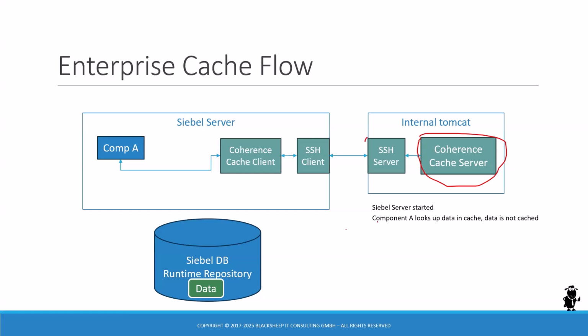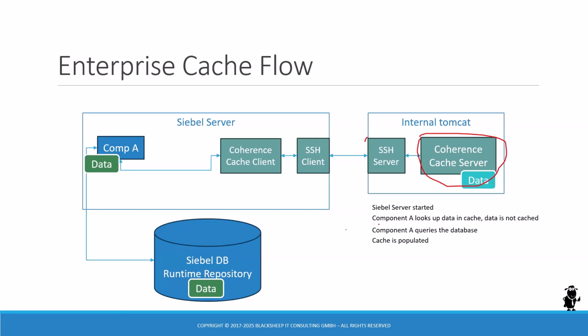Now component A, the first component, starts up, so it naturally goes to the cache if it's configured that way. It goes to the cache but doesn't find anything because the cache also just started. It's a fresh, complete first startup. So component A has to go to the database and retrieve the data the old way from the SRR table.